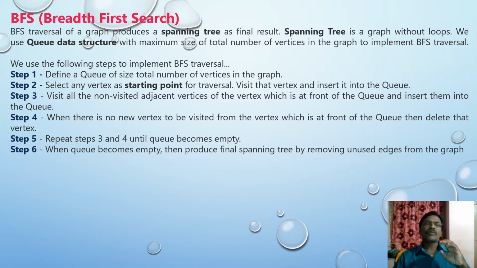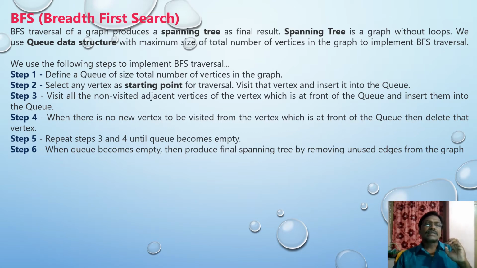So now the algorithm. Step 1: define a queue of size equal to the total number of vertices in the graph. First, check the total number of vertices in the present graph; that number of vertices is the size of the queue.